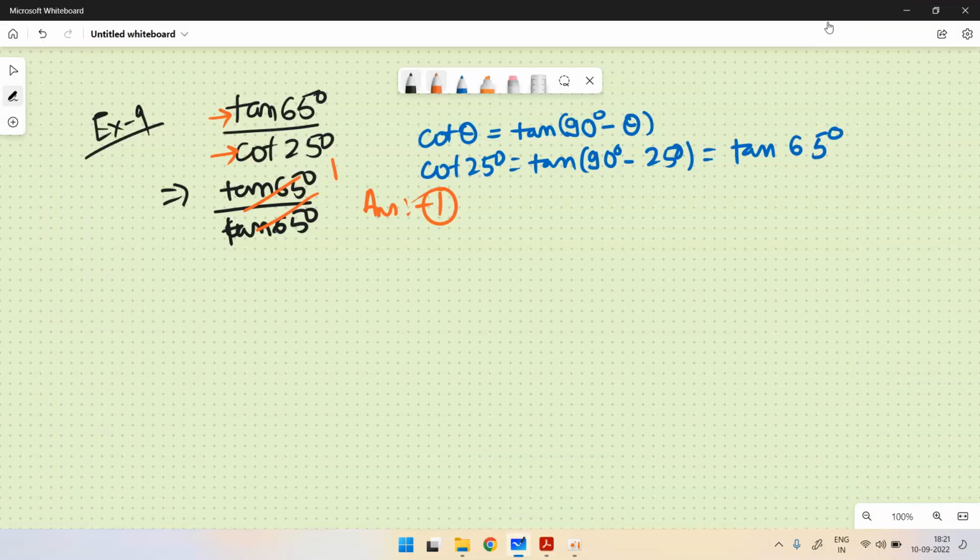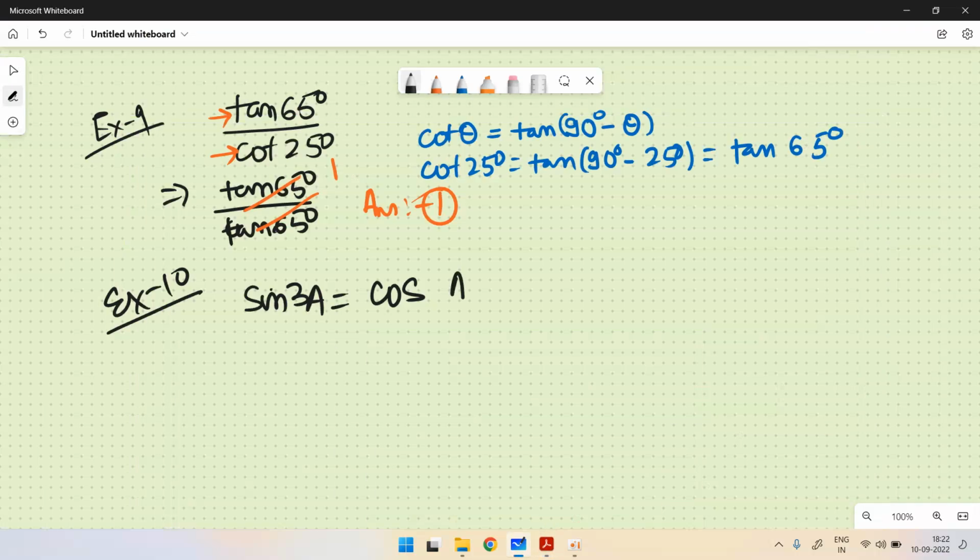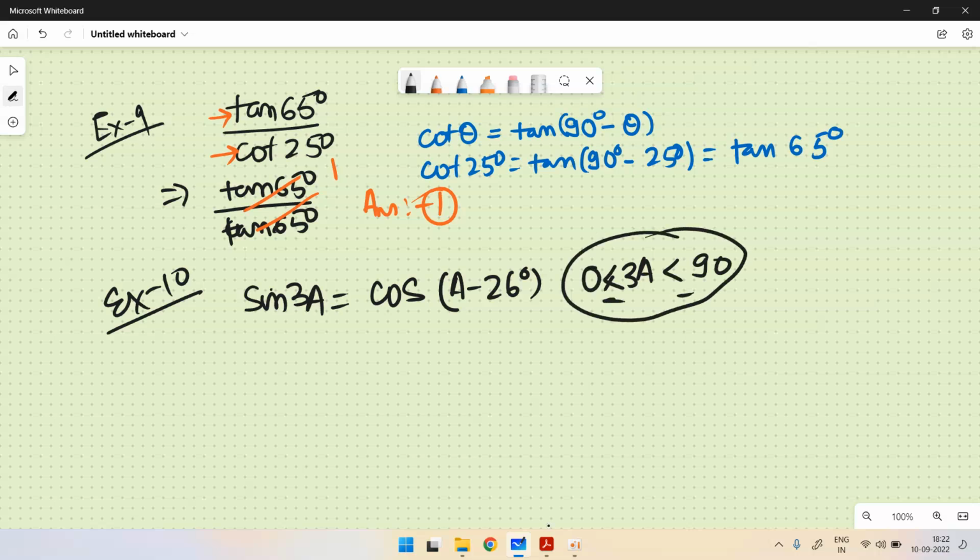So this is sine of 3a equal to cos of a minus 26 degree, and it is given that 3a is an acute angle. This is sine and this is cos.